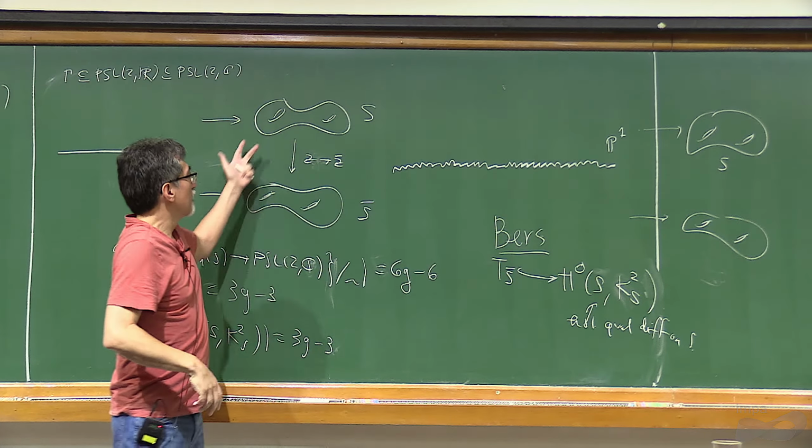Okay. And I will be interested in the quotient of some domains by some lattices in this group PU(2,1). So with respect to the group PU(2,1), there are three invariant domains in the variety of flags.